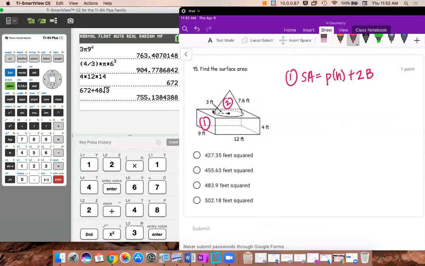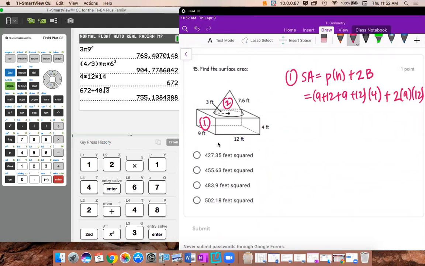So let's see. Perimeter of this rectangular prism is going to be 9 plus 12 plus 9 plus 12, times the height, which is 4, plus 2 times the area of the base, and the base is just going to be 9 times 12.